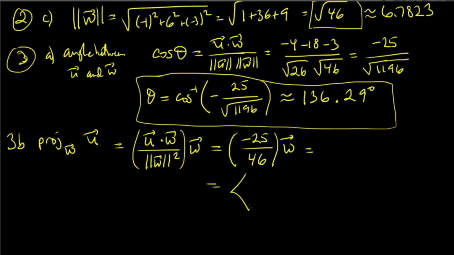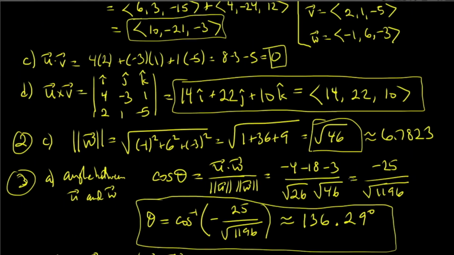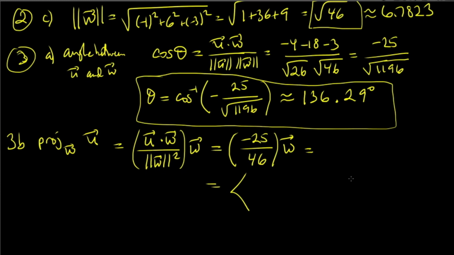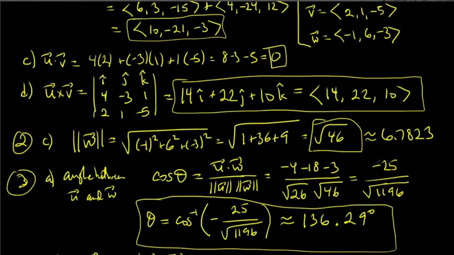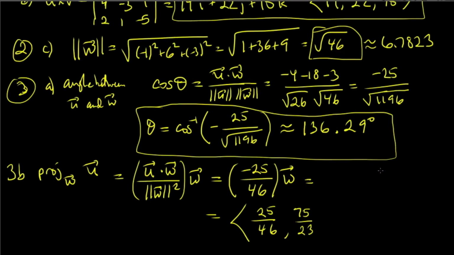As a vector, w was negative 1, so you get positive 25 over 46 for the first component. The second component is 6 times that, which is negative 75 over 23.